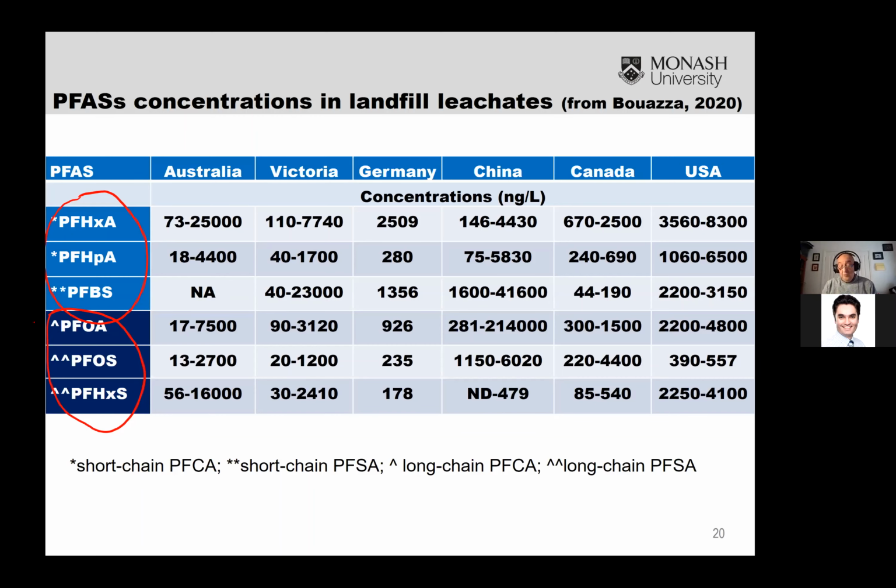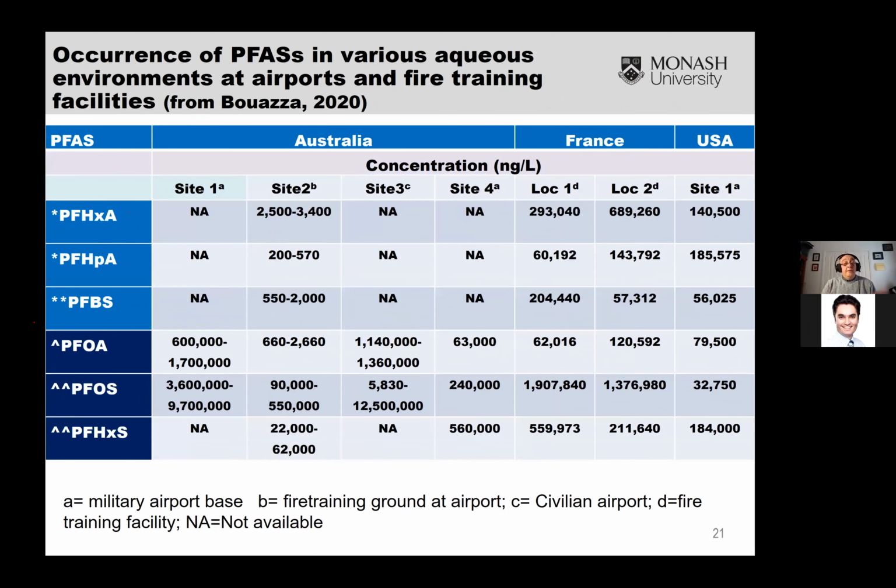Now, if we move to airport facilities, fire training facilities, and the likes, which have been summarized in this table, again, we distinguish between short chain and long chain. What can we observe? The first thing we can probably pick up is that the short chain concentrations are in general much lower than the long chain.